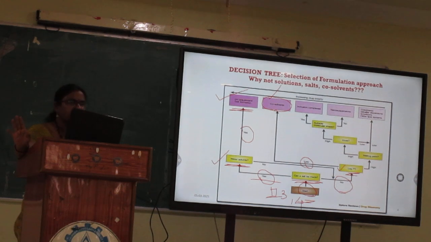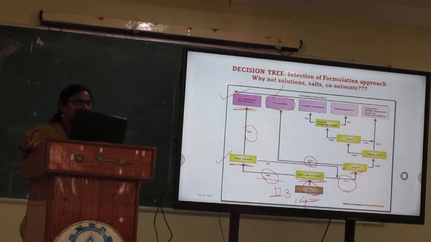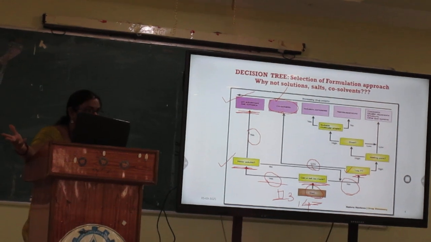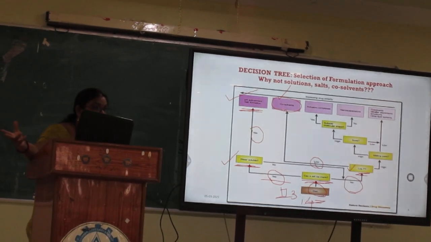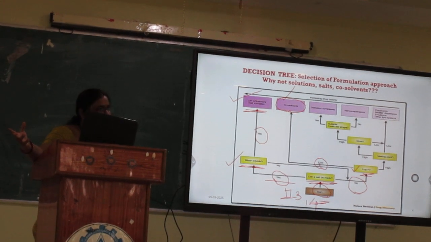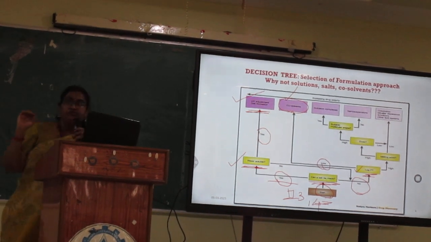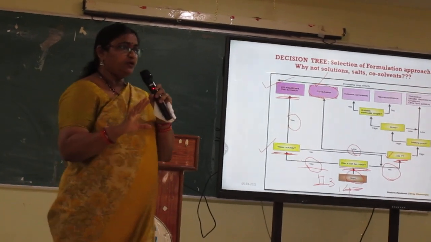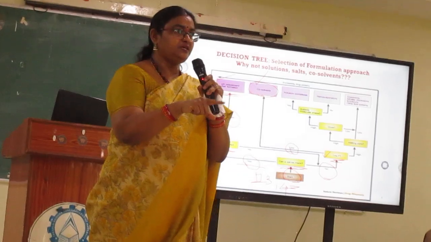What is co-solvent? Say for example, a water is there. For water, a co-solvent is glycerin, propylene glycol, ethanol, methanol. Am I clear to you? So that means if the drug is not soluble directly in water, but a friend of your water is ethanol, methanol.